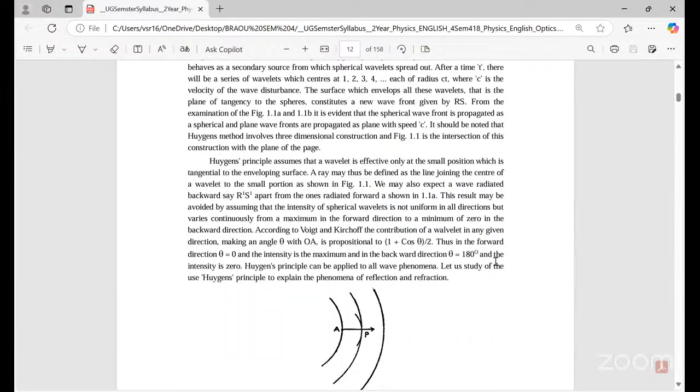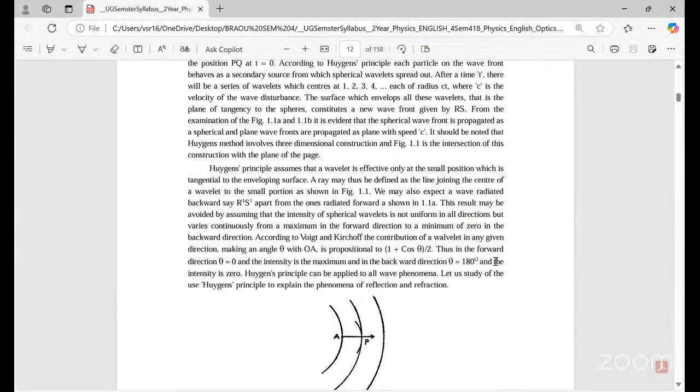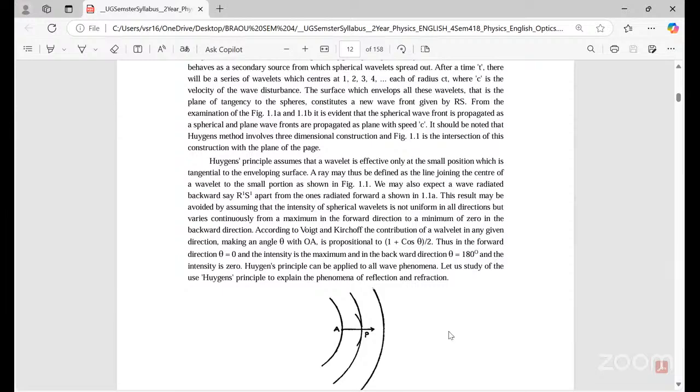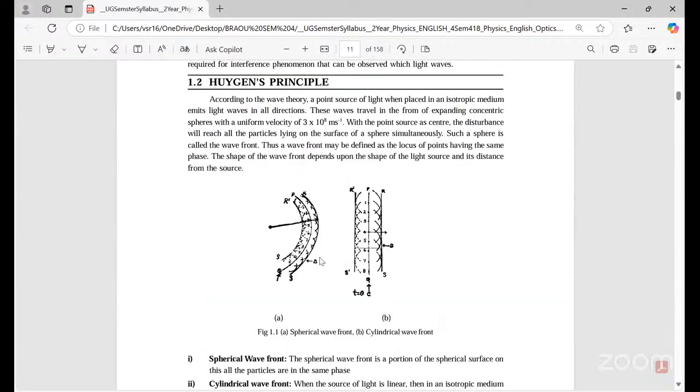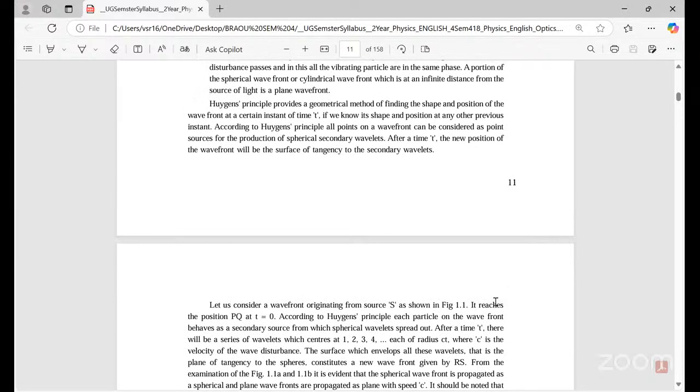If it reaches the position PQ at time t equals 0, the wavefront acts like a secondary source from which spherical waves spread out.